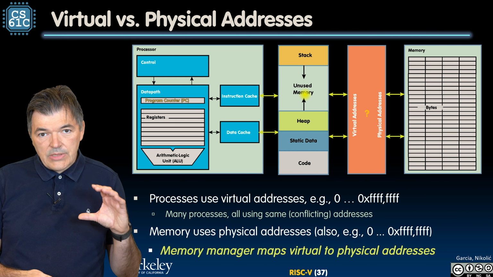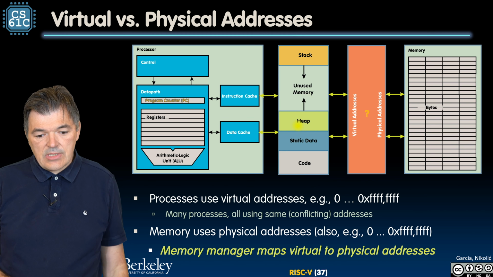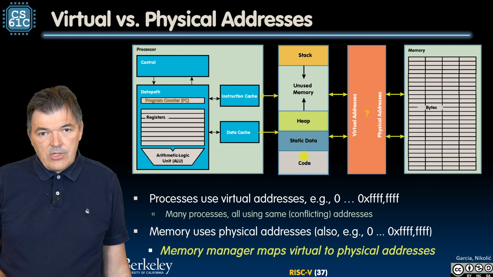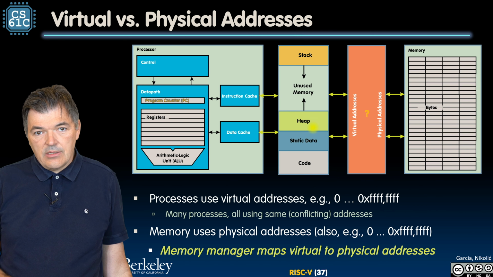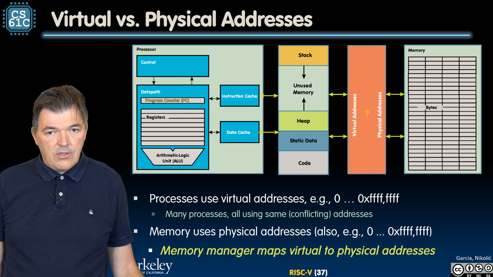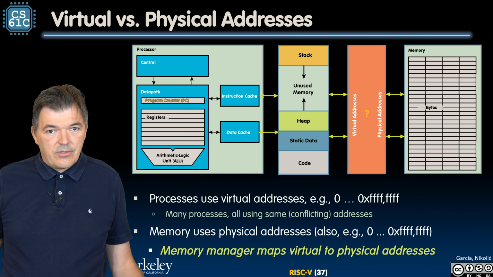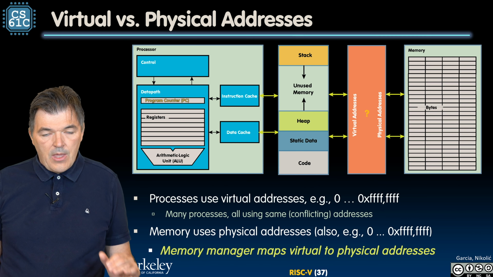But one important thing is that we see all of that to ourselves. So we have a region where we're going to keep our code, we'll keep somewhere our static data, and then heap and stack are going to grow into the unused space, into the free memory, naturally, or the way we allocate it.